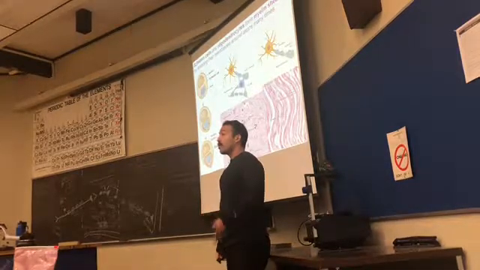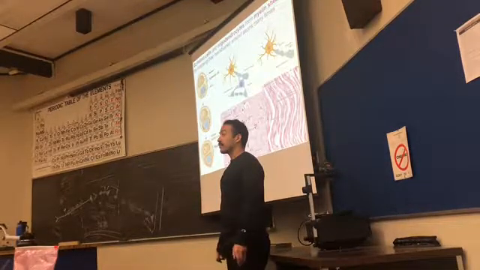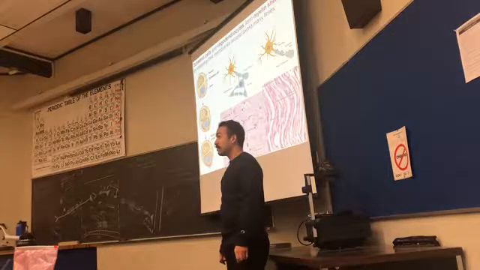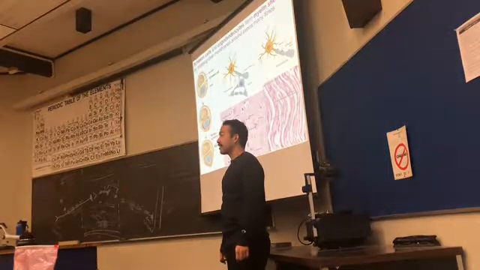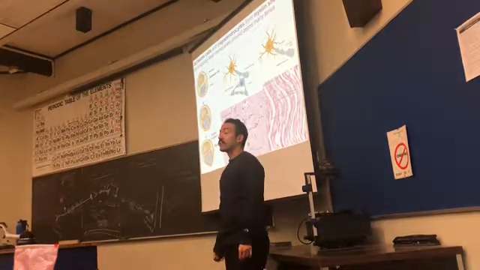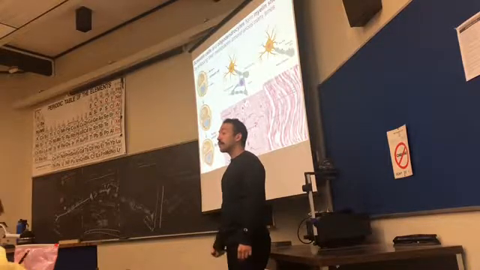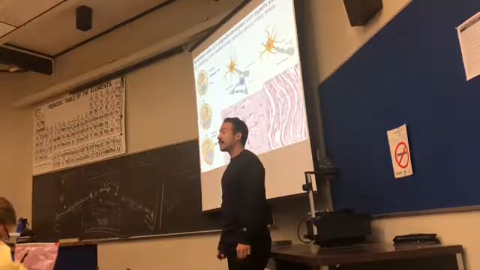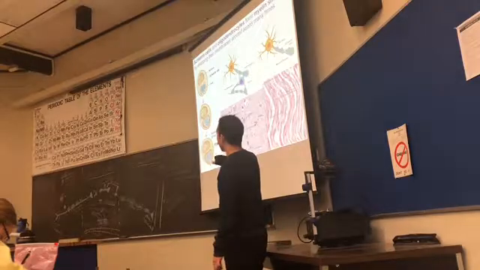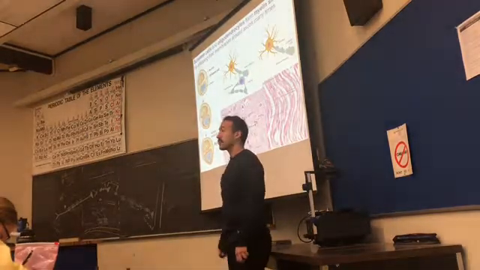What is the major molecule that forms myelin? Is it protein? It's not protein. Lipids, phospholipids. Phospholipids are the major component of myelin because it's literally just membrane wrapped tons of times around axons.